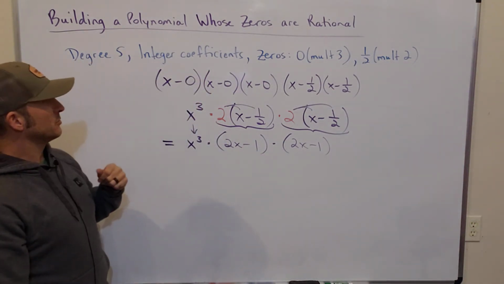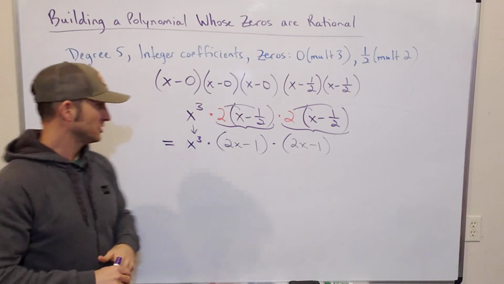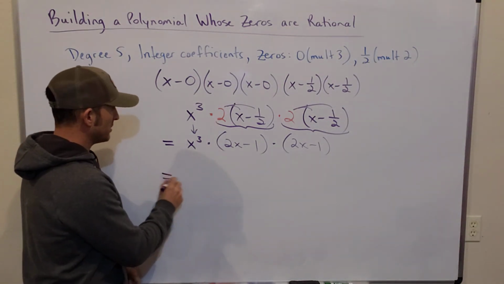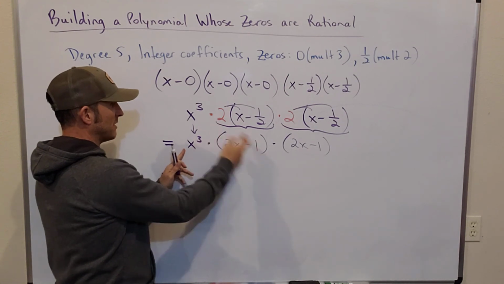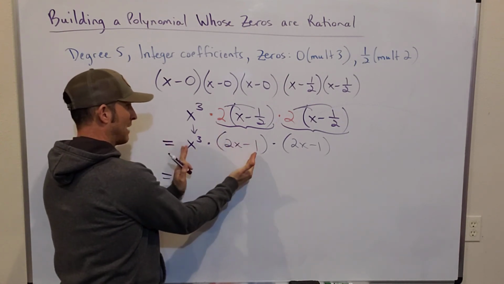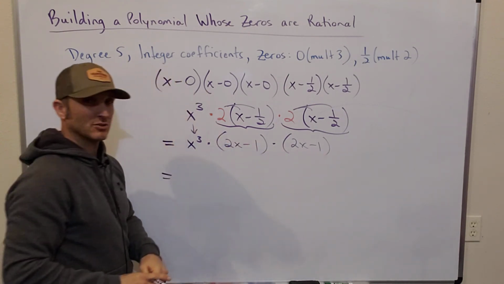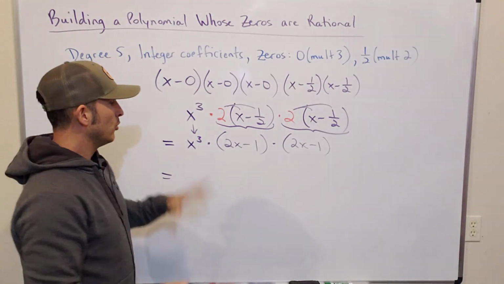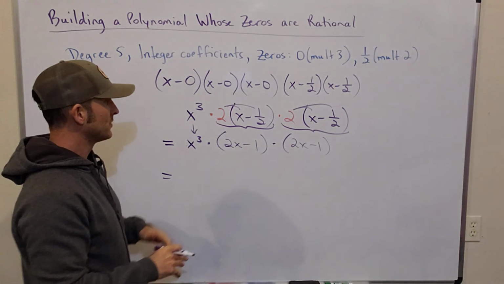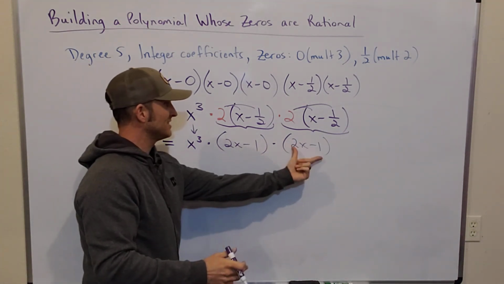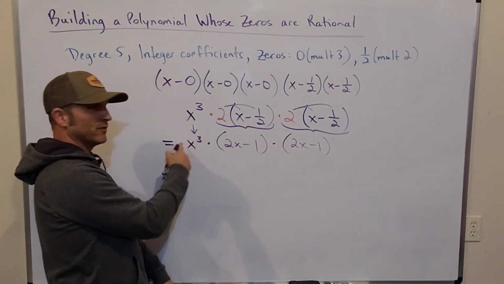I know I'm going to get degree 5, so let's proceed to multiply. So you can multiply this in any order you want. You can take the x cubed times the 2x minus 1 first, get that result, and multiply by the 2x minus 1. Totally fine. We don't have any conjugates here, so we don't have that beautiful cancellation we talked about. What I'm going to do is multiply these guys together and save the easy part for the very end.